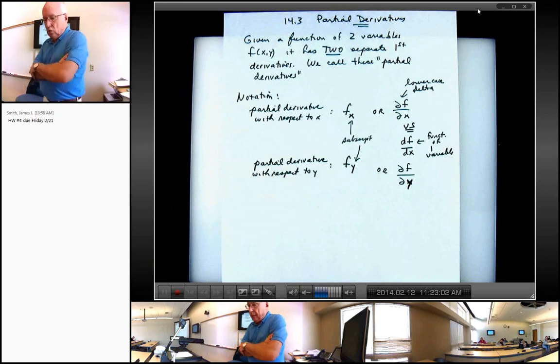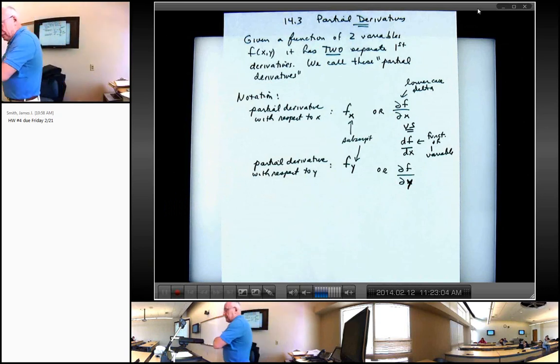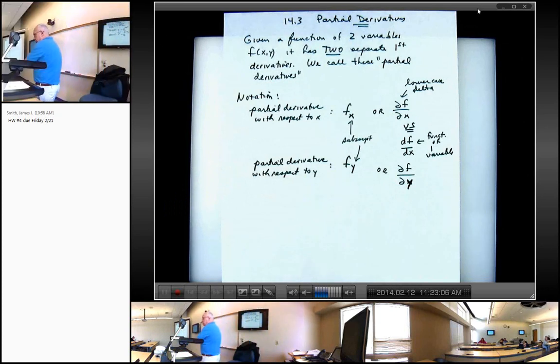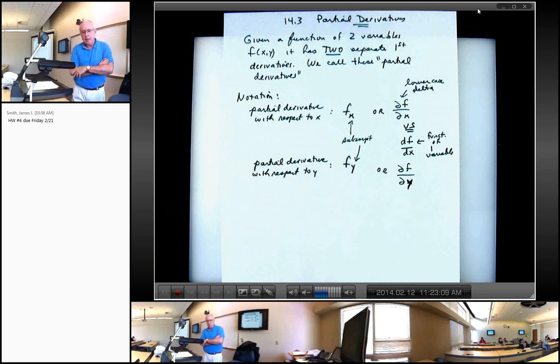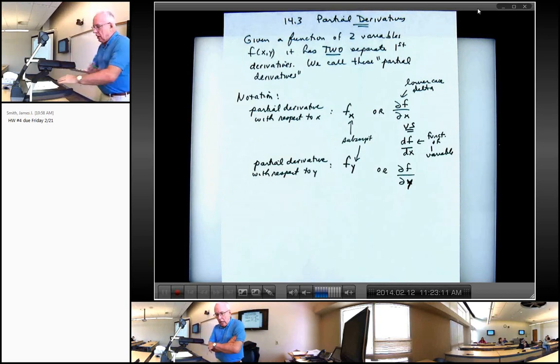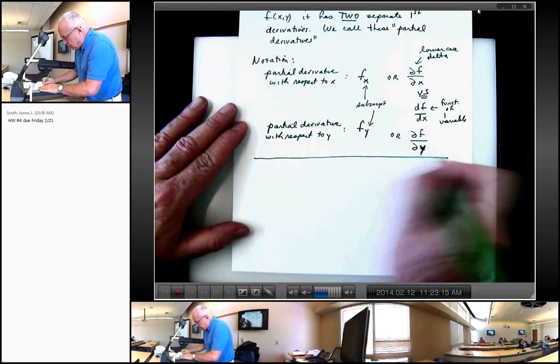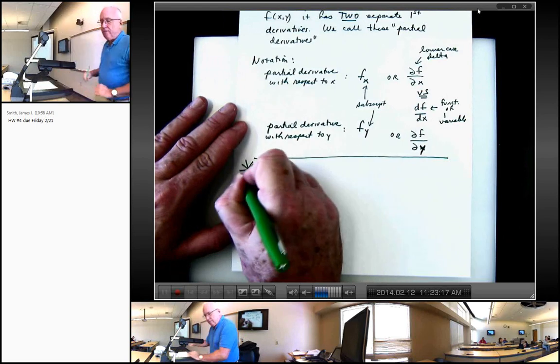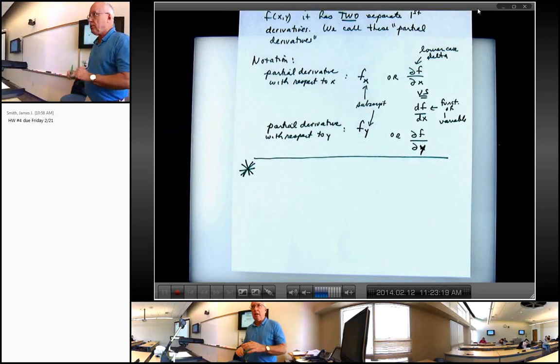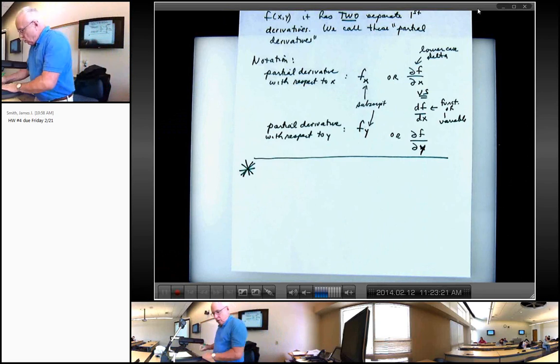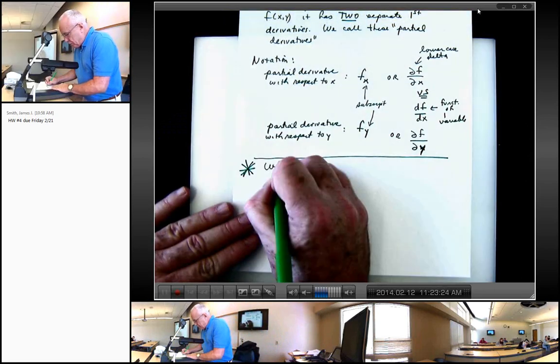Now the deal is, okay, well what is the difference between these two partial derivatives? This is actually the central fact, so to speak, of this whole section. So I'm putting a big asterisk there.